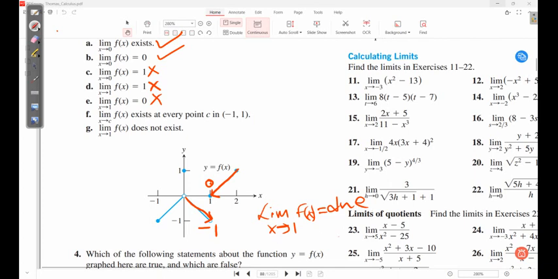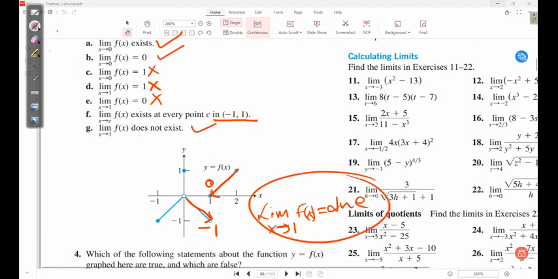And then F says the limit exists at every point C between negative 1 and 1. Let me first of all go to G. G says as x approaches 1, the limit does not exist. Is it true? True. Okay, so we've already talked about that.